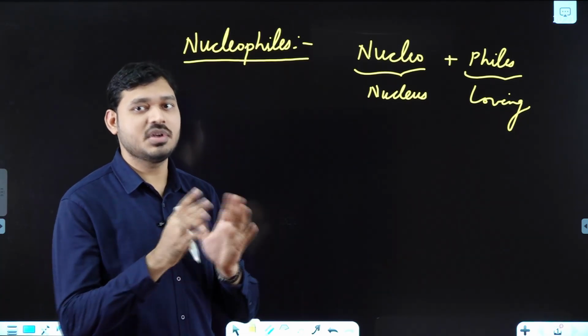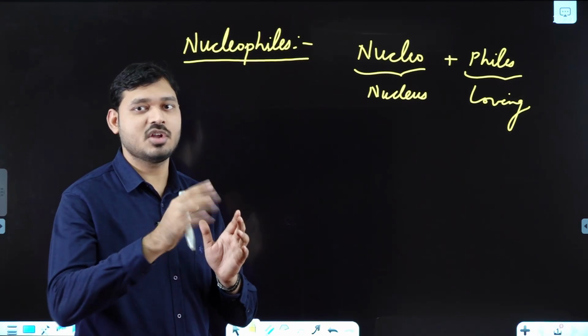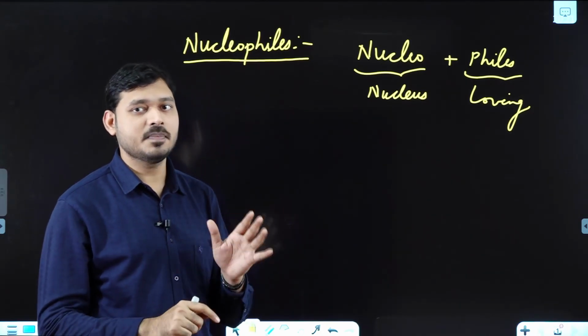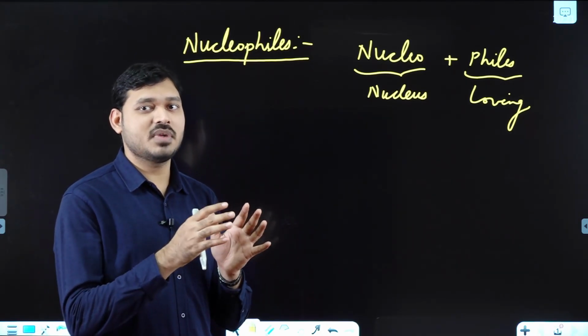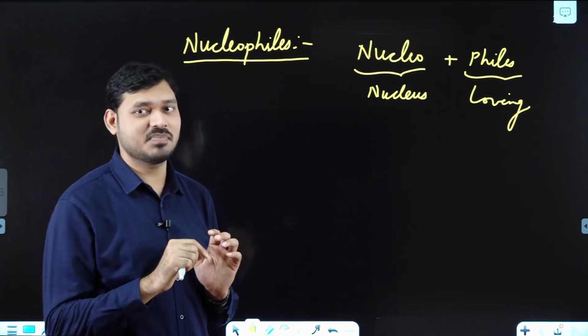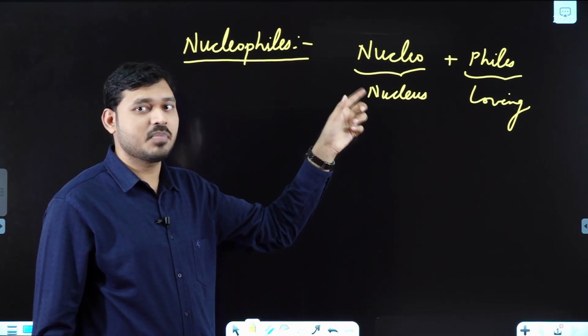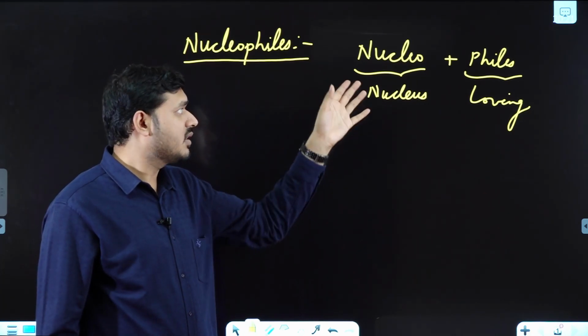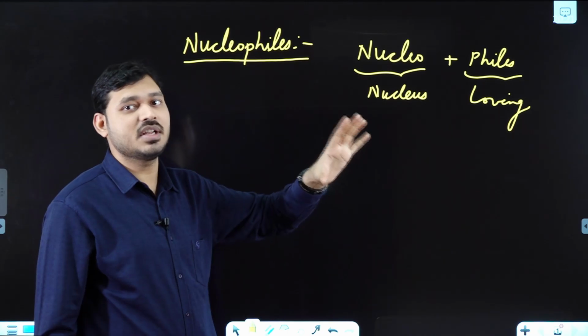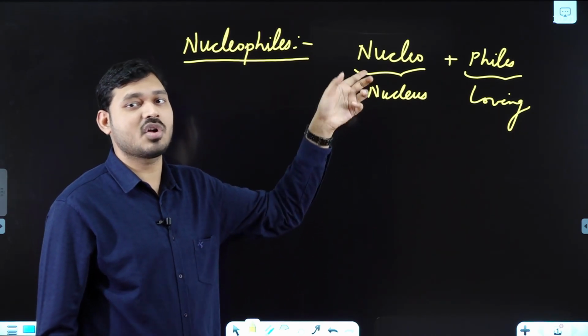Now neutron is neutral in nature, it has nothing to do with any of the charges, but proton, a positively charged species, will be attracted by negatively charged species. So nucleus loving, nucleus is positively charged, and these nucleophiles are loving positively charged, means they will definitely be electron rich species.